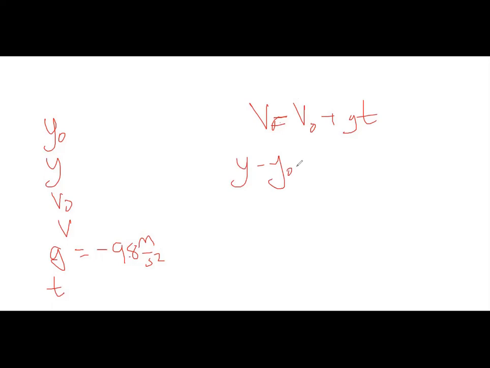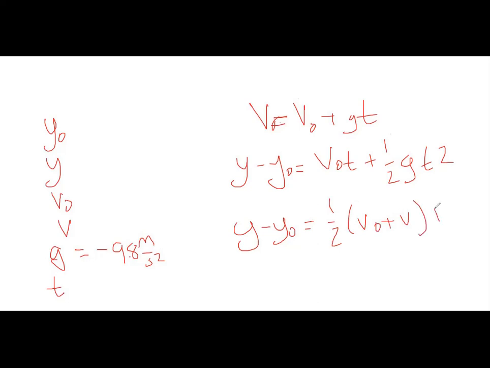Y minus Y naught equals V naught T plus 1/2 GT squared. Y minus Y naught equals 1/2 times V naught plus V, times T, and V squared equals V naught squared plus 2G times Y minus Y naught. And that is the background for this section.